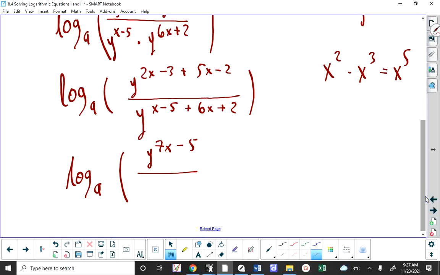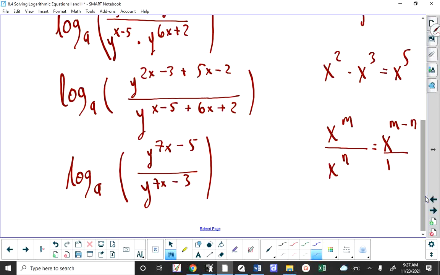On the bottom we have y to the 7x minus 3. Because we add x and 6x to get 7x, we add negative 5 and 2 to get negative 3. And now we're going to use the rule from grade 9-10 math that says when you divide a common base, the result is found by subtracting the exponents. And by the way, when you subtract the exponents, whatever you get is over 1. It's on the top.